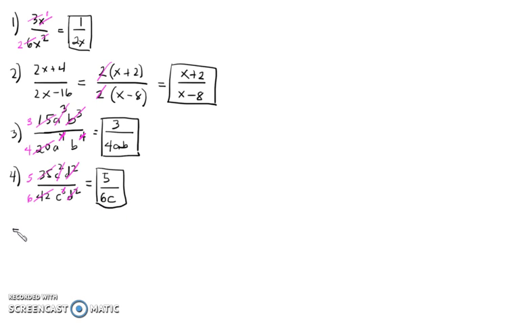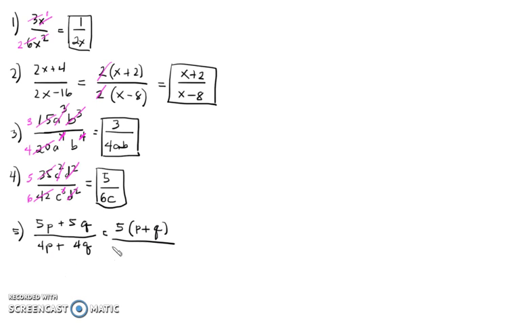Okay, so for number 5, I have here 5p plus 5q all over 4p plus 4q. Here we simply factor out the common number. As you can see, you have 5 on both terms, so factor out 5, I have here p plus q.